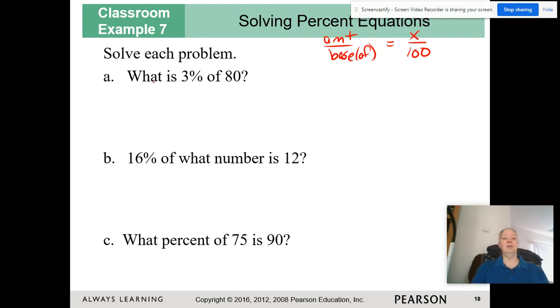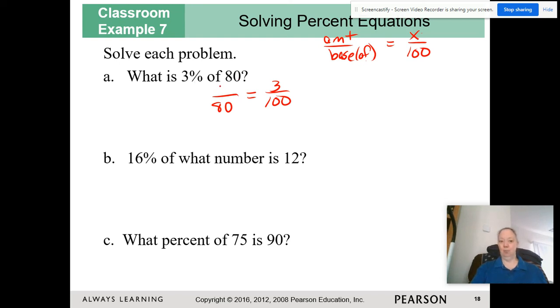All right, what is 3% of 80? So that's going to be my 3 over 100 of 80. Okay, that's my base because it says of 80. Whatever number follows my word of is going to be my base.